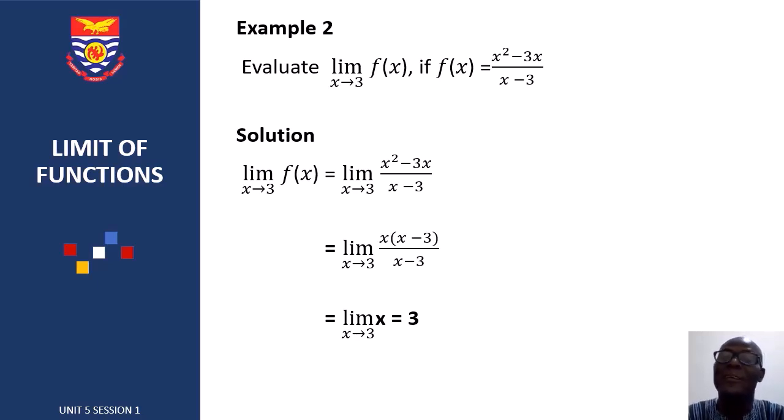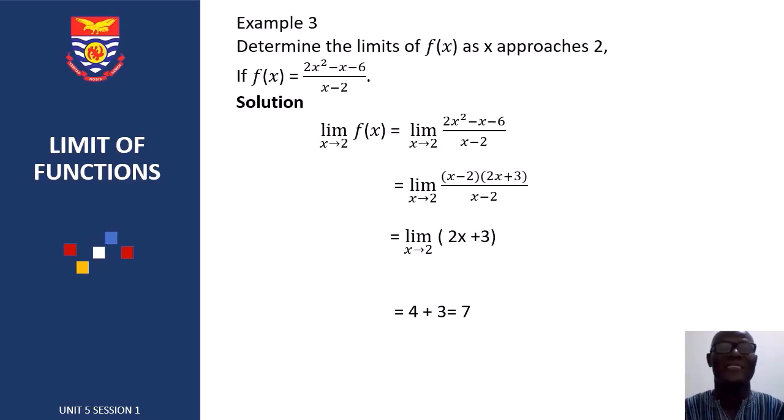The numerator x squared minus 3x has a common factor, which is x. So x is factored out. Then we have the limit as x is approaching 3 of x times x minus 3 all over x minus 3. Now the x minus 3 in the numerator cancels x minus 3 in the denominator, which gives the limit as x approaches 3 of x. Now when we substitute x is equal to 3 into the function x, that gives 3.